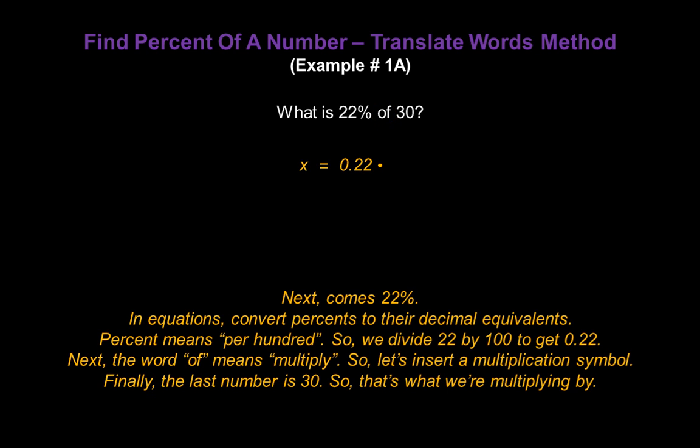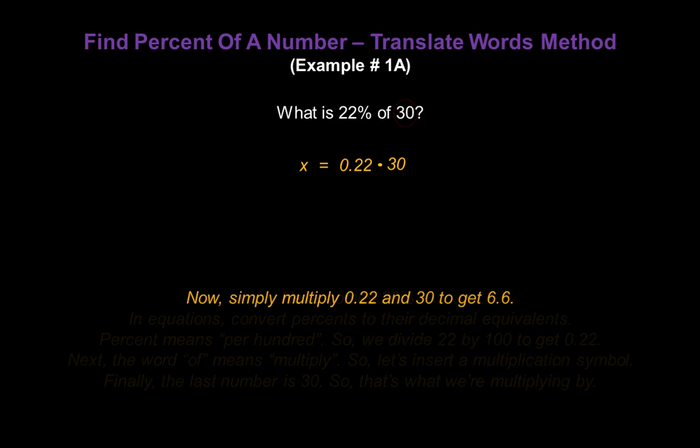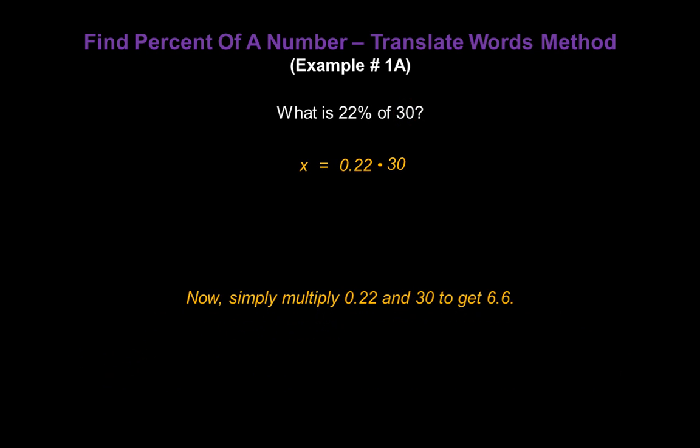Finally, the last number is 30, and that's what we're multiplying by. Now we simply multiply 0.22 and 30, and we get x equals 6.6, or 6.6 is 22% of 30.